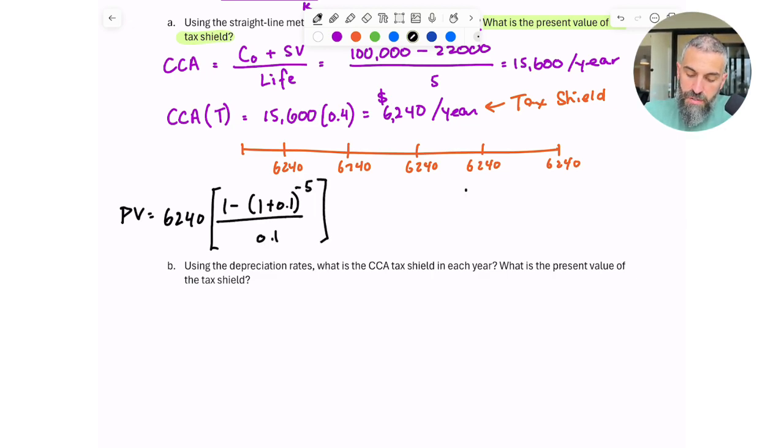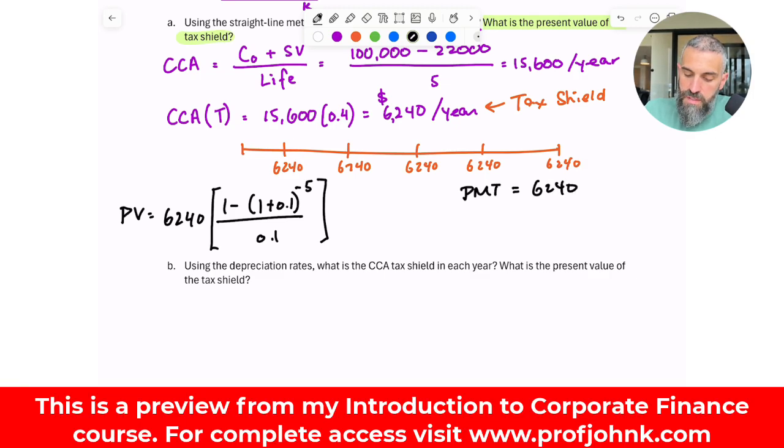On your financial calculators, your payment is 62.40. Your I over Y is 10. There's no future value here. N is 5. And you compute the present value.